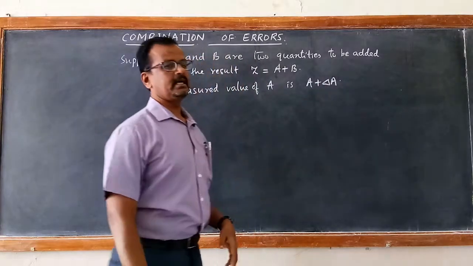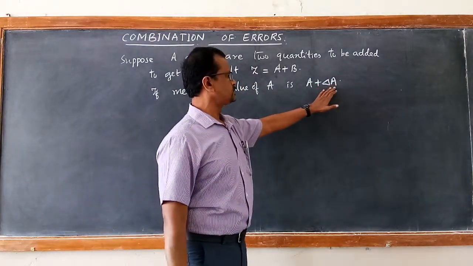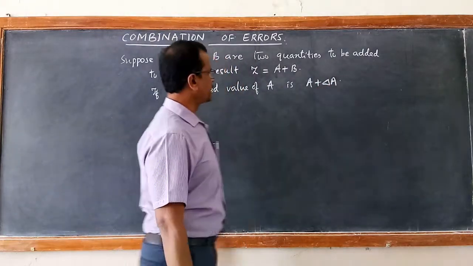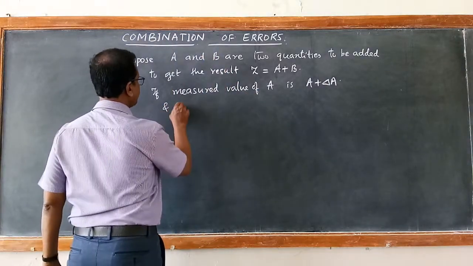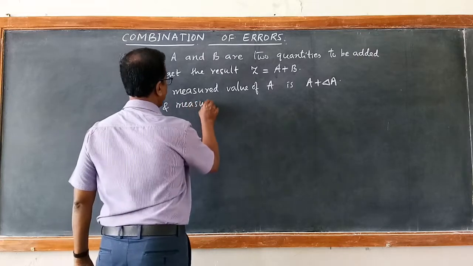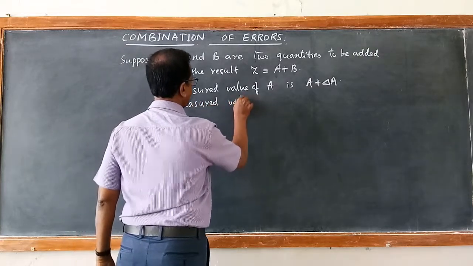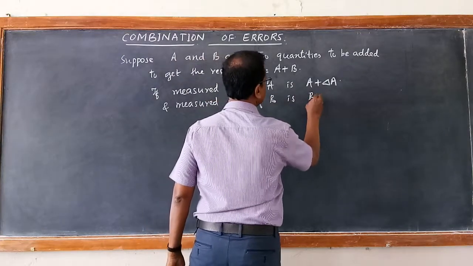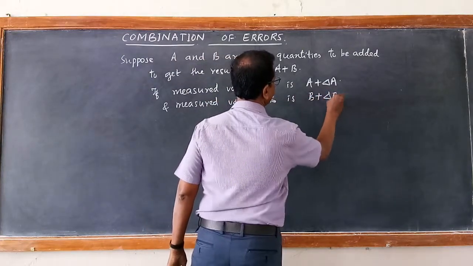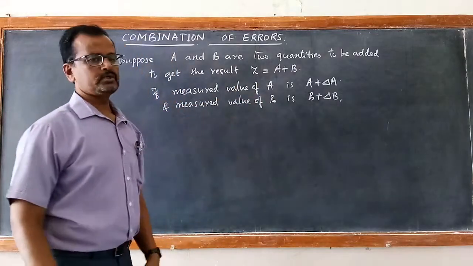Yesterday we learned what is delta A. Delta A is the absolute error. And the measured value of B is B plus delta B. Then the result will also have error.